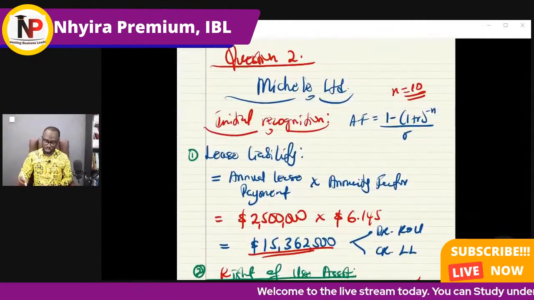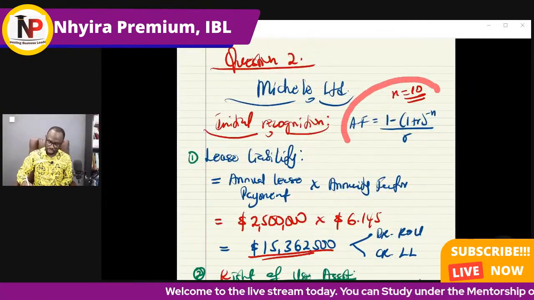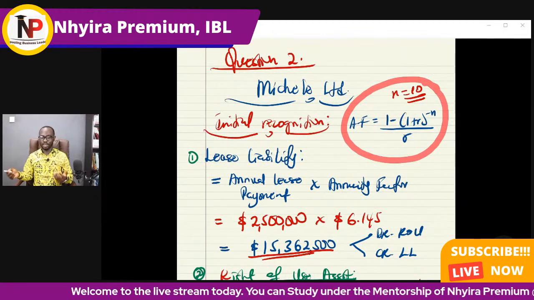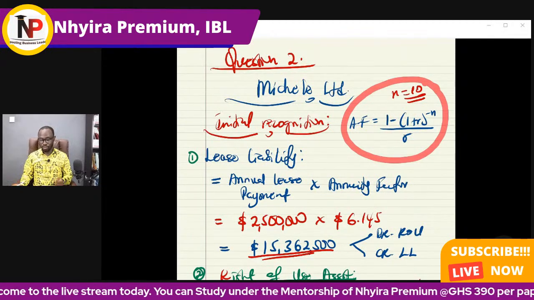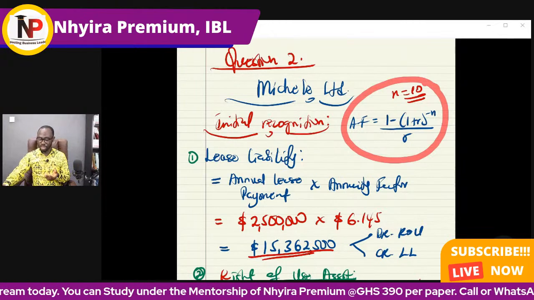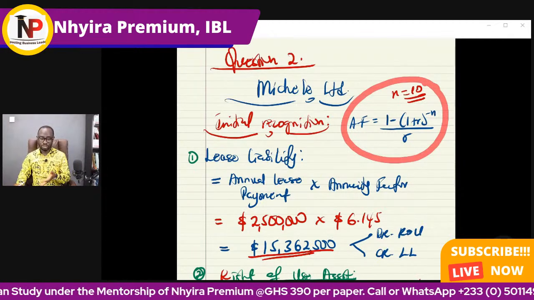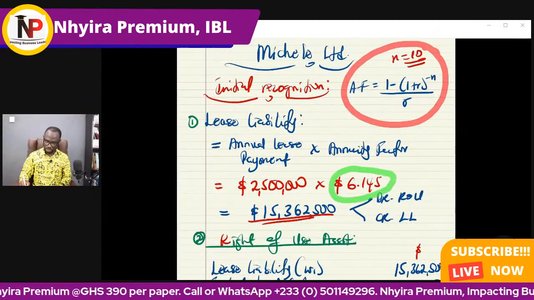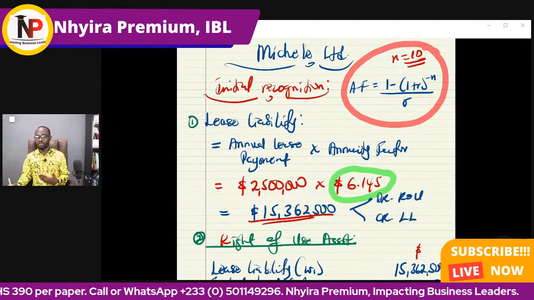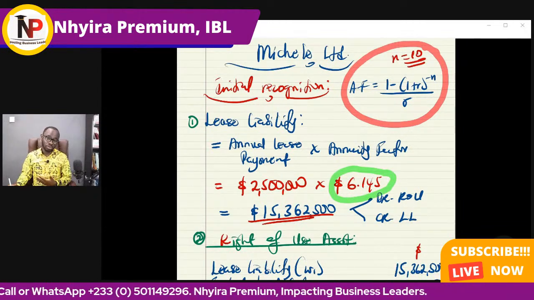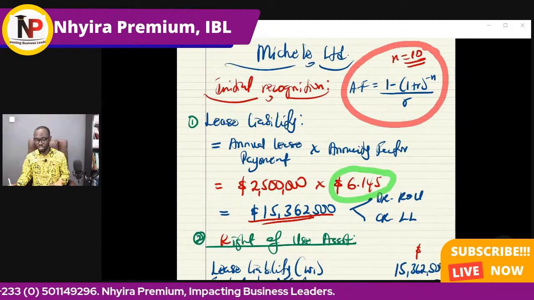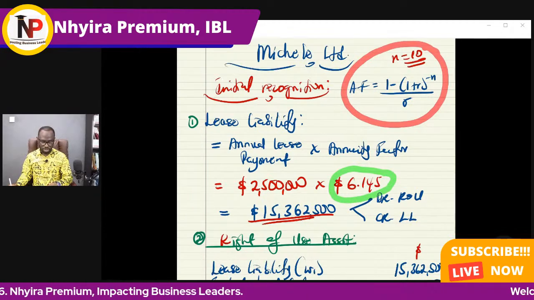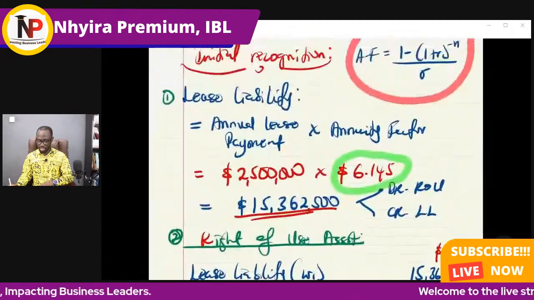Remember, in this question, we did not calculate any annuity factor, unlike the first question we solved. Why didn't we do any calculation? Because the factor was already given to us in the question as 6.145. So if it is given directly in the question, which would usually be the case, you just take it there and then you get your answer.